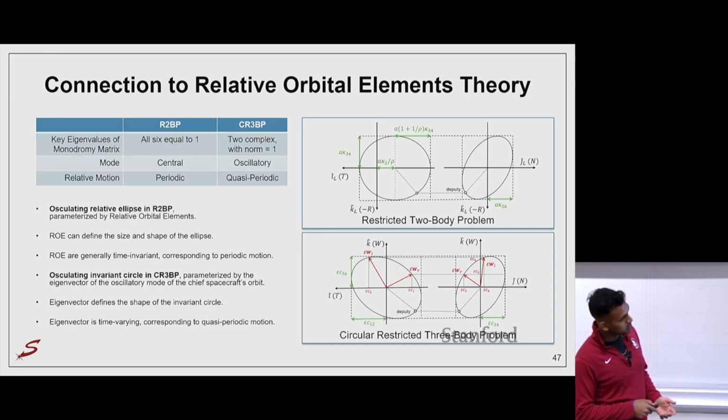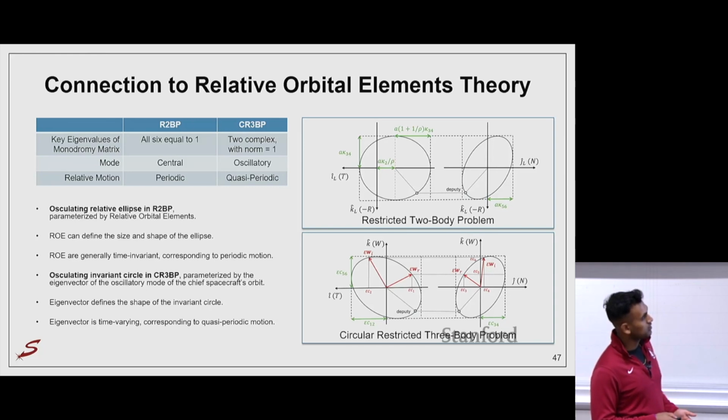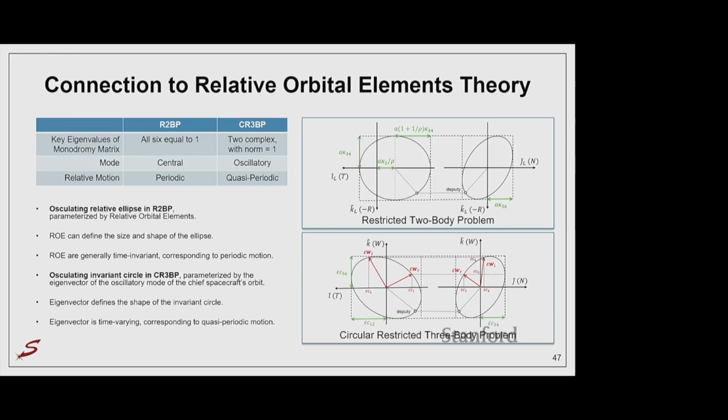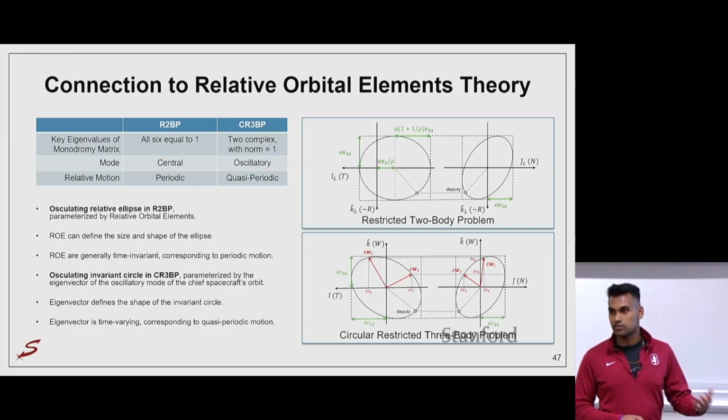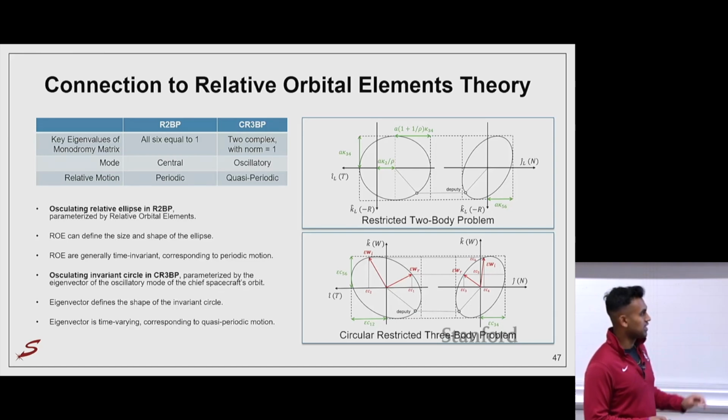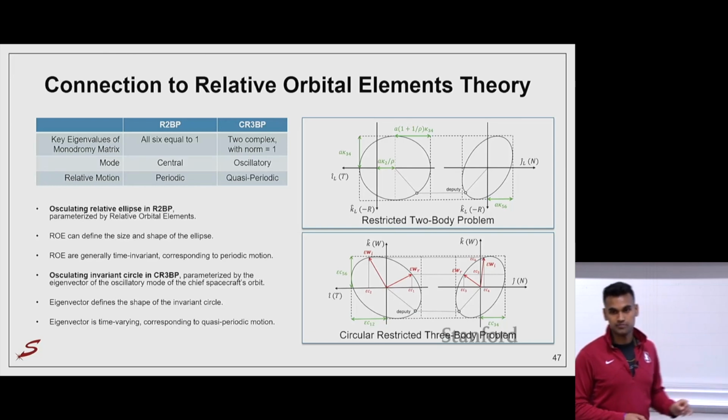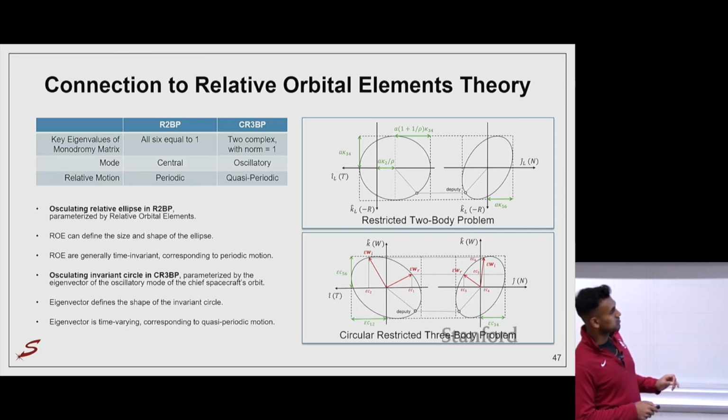So we can see that in the restricted two-body problem, we have an osculating relative ellipse where the relative orbital elements can define the size and shape of that ellipse. But we also know that unless there are perturbations involved, ROEs are generally time invariant, which is how we are able to get periodic motion in ROE space and in two-body problem motion space.